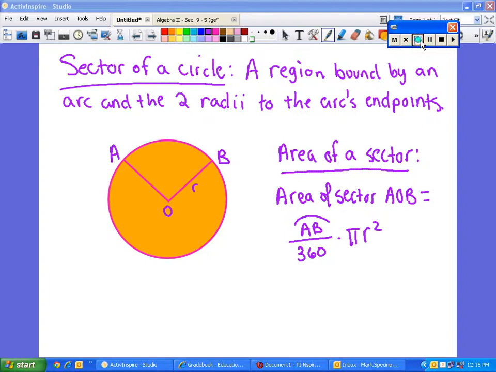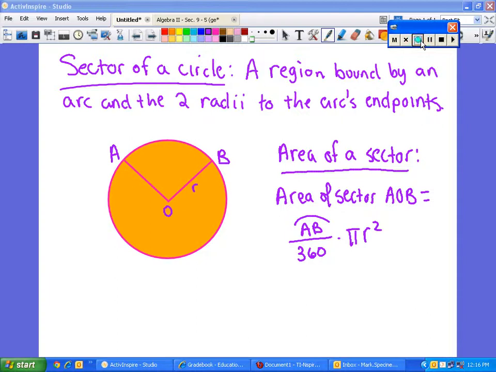The whole circle, to find the area of the whole circle, we use what formula? What's the formula to find the area of a circle? Pi times radius squared. Pi r squared.